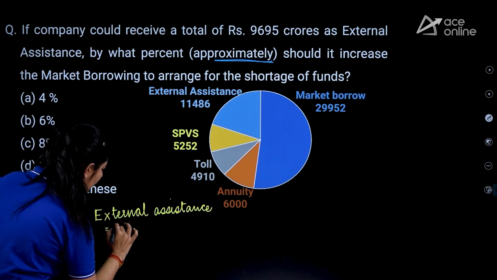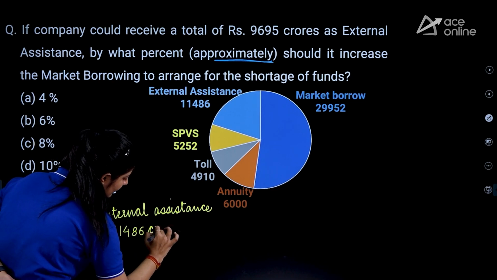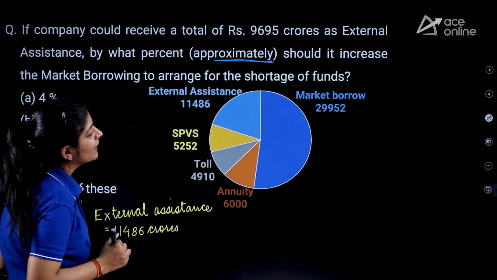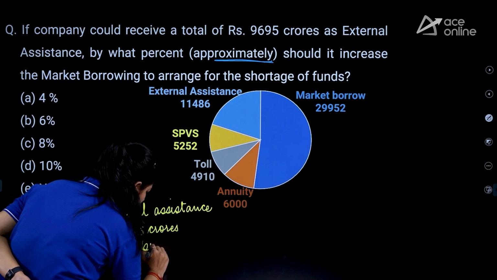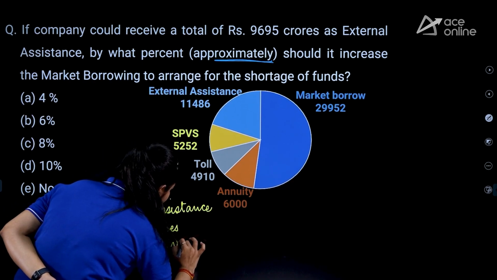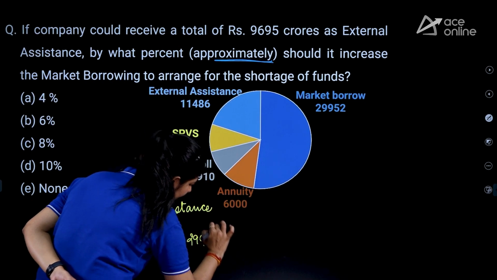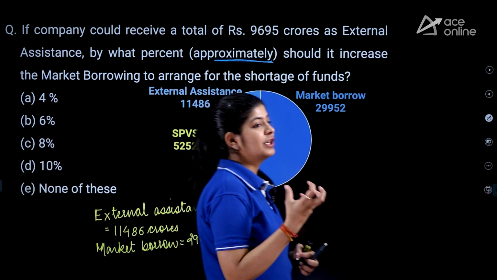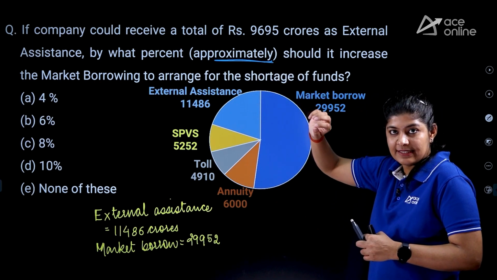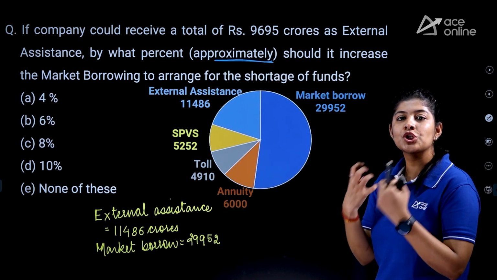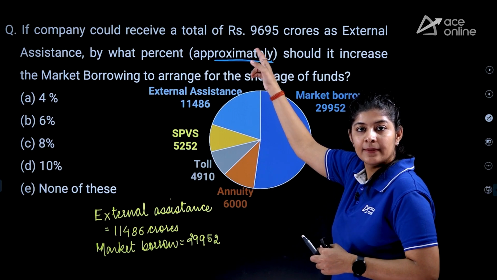According to our chart, external assistance is 11,486 crores, and the market borrowing is 29,952. What we need to find out is by what percentage we have to increase the external assistance so that we can fulfill the shortage of funds. Instead of getting this amount, we are just getting this particular money.